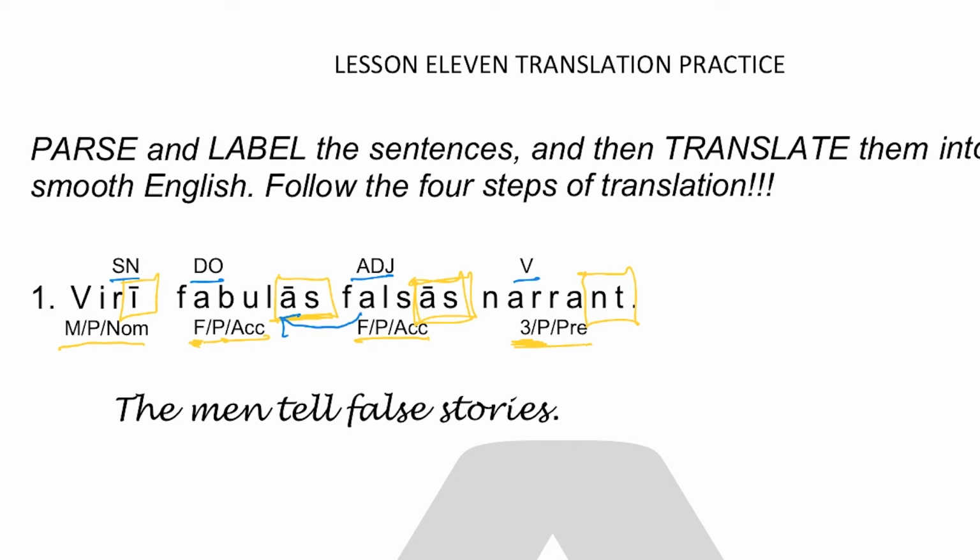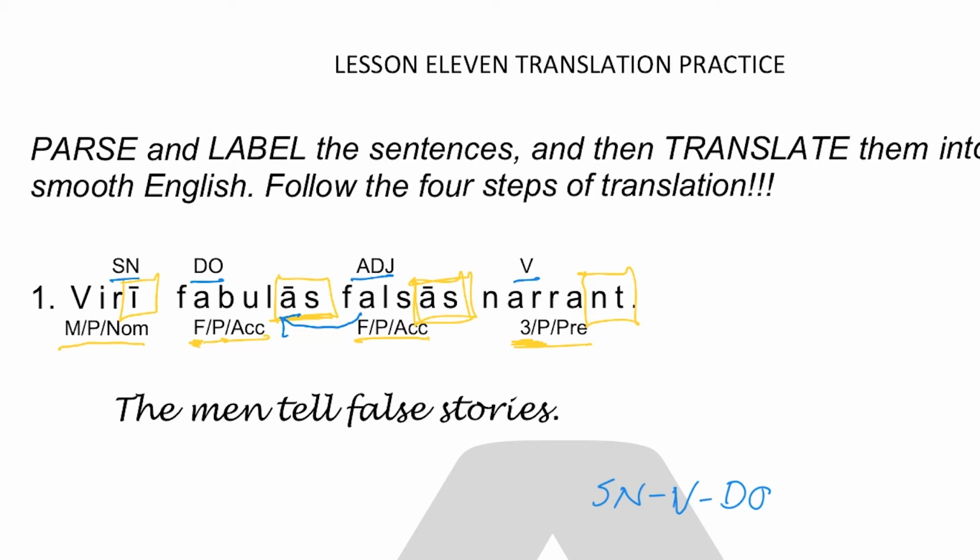I mentioned earlier that when we do this, we're going to have to rearrange things. And that's because in English, typical word order is subject noun followed by your verb, and then your direct object. That's normal English word order. Latin word order is much more variable.